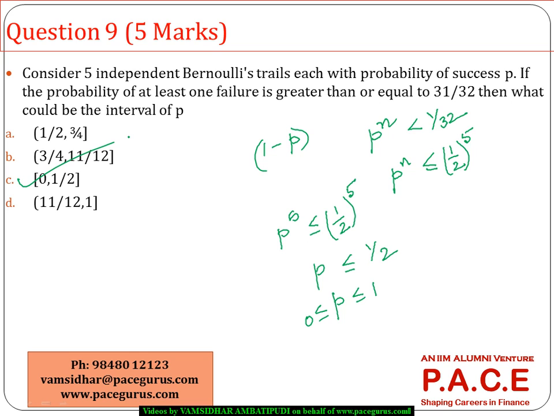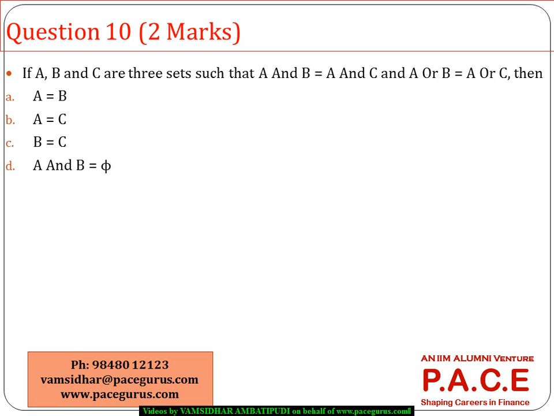Alright. Okay, let's move on to the next question now. If A, B, C are three sets such that A intersection B is equal to A intersection C, and A union B is equal to A union C, which means B and C are equal kind of sets.